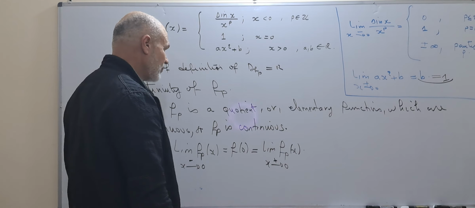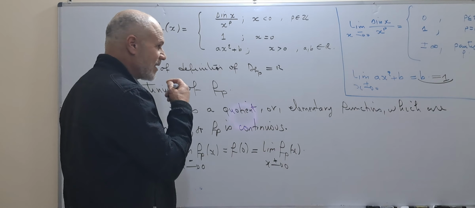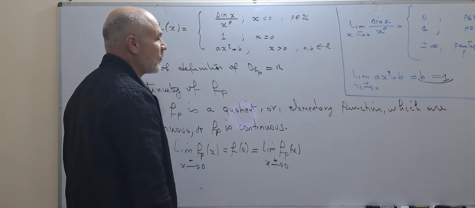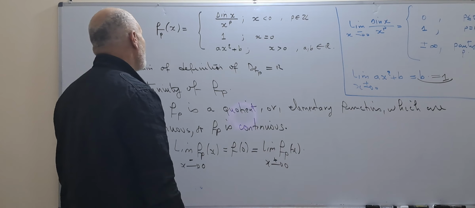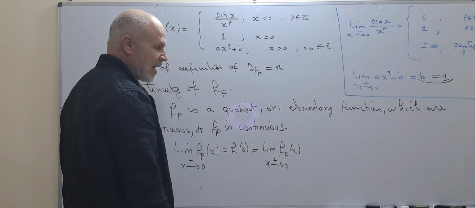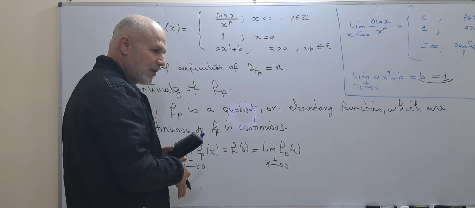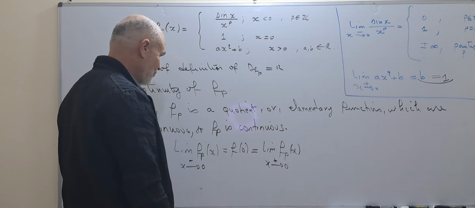If b is different from 1, or if p is different from 1, the function f p isn't continuous at x equal to 0, but it is continuous outside of this point.